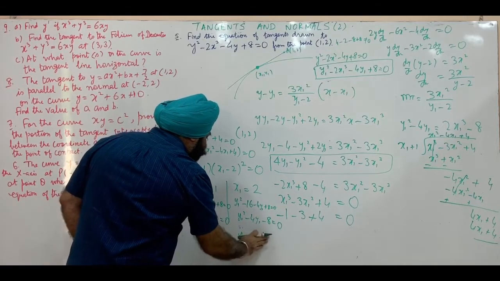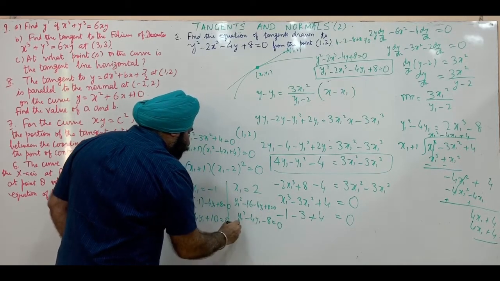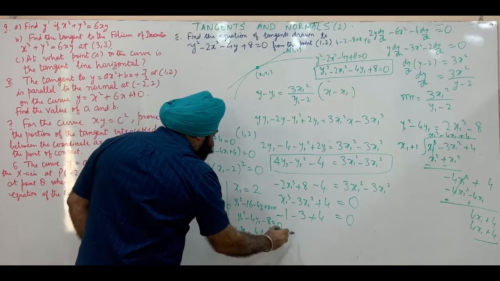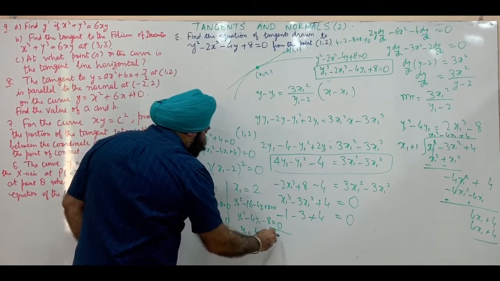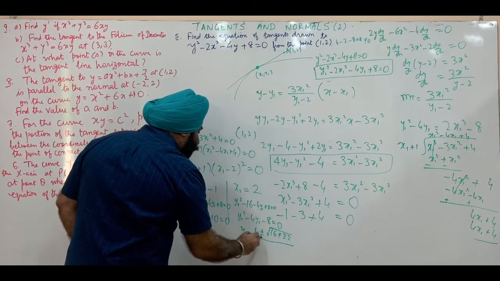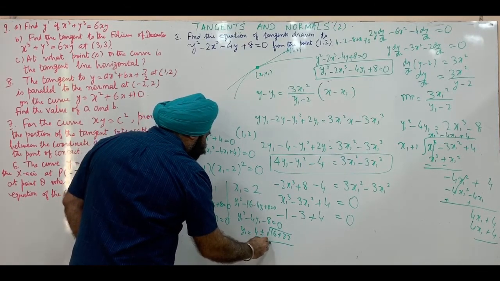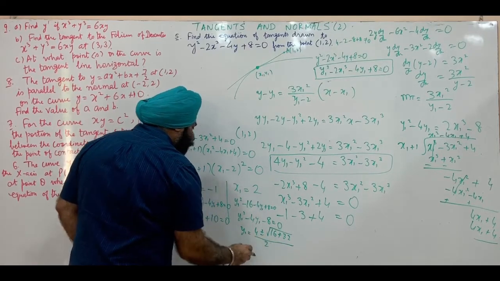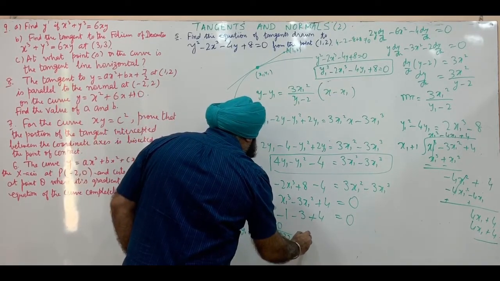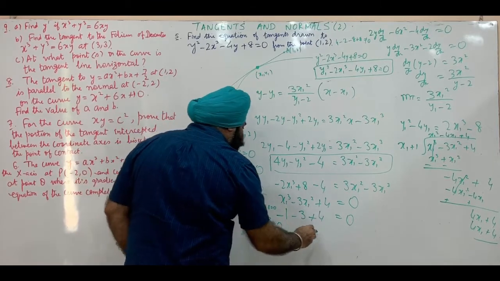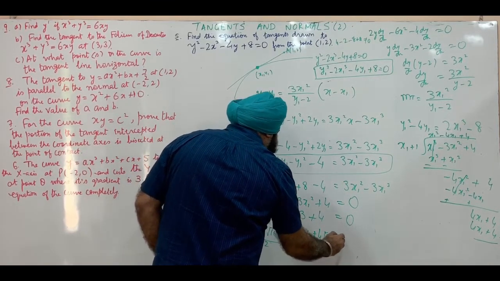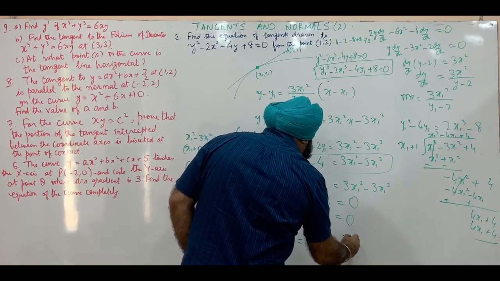So let's use the quadratic formula. y1 equals minus b plus minus root of b square minus 4ac upon 2a. This is 4 plus minus root of 48, that's 4 into root of 3, divided by 2, or this is 2 plus minus 2 root 3.